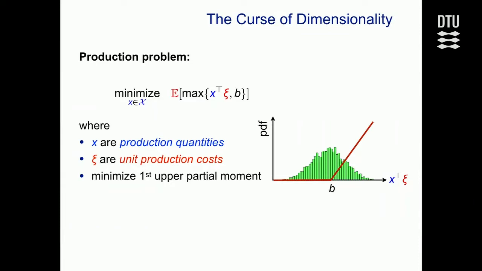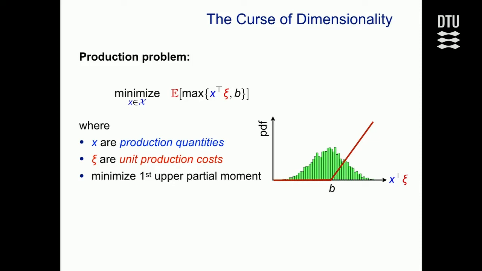It's intractable. So here is an example. Let's assume that our decision x is a vector of different production quantities for a bunch of different products. And the vector xi of uncertain problem parameters is just the vector of unit production costs. So the inner product, x transpose xi, is just the total production cost of some production plan, right?